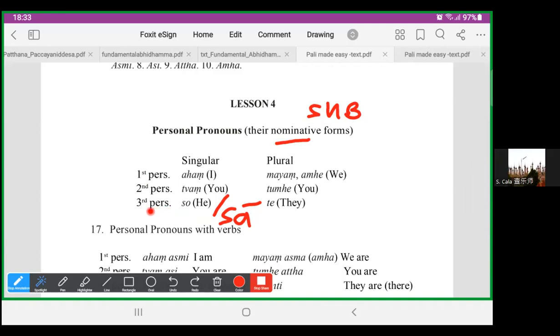Maybe you recite from the third person, because we always learn the T, N, T, sita, mima. So recite from the third person first: so, sa, te, tuam, tumhe, aham, mayam, amhe. Correct. All right.